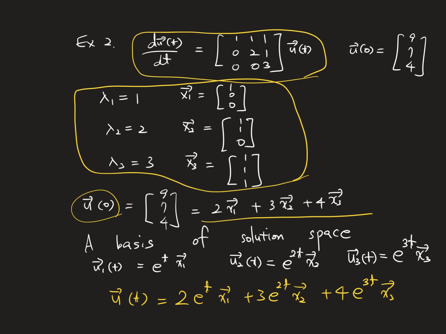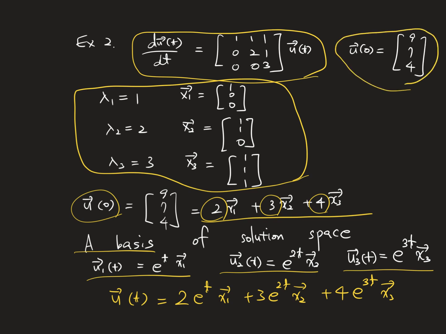Then we find the basis for the solution space using the eigenvalues and eigenvectors, and write the solution as a linear combination of the basis, where the coefficients come from the representation of the initial condition vector. That way we can find the solution of this linear differential equation.